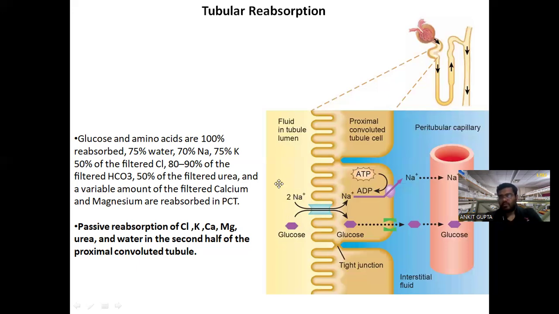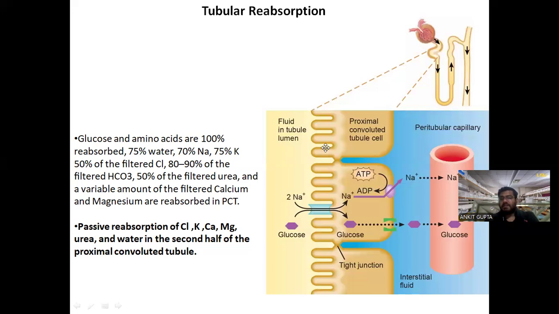That is sodium from higher concentration to lower concentration, and glucose from lower concentration to higher concentration. So this is secondary active transport. Later on, sodium is transported out by the sodium potassium pump and glucose diffuses out through a channel, and ultimately both are reabsorbed into the blood in the capillary.